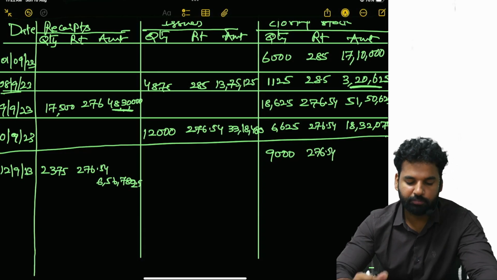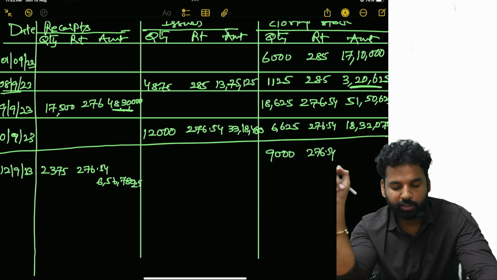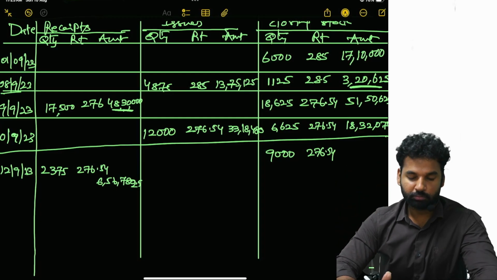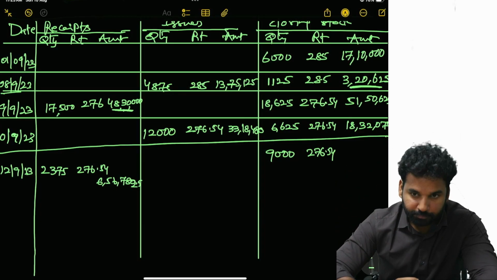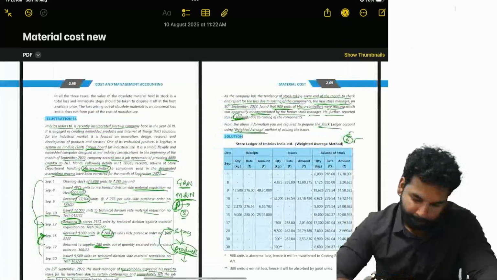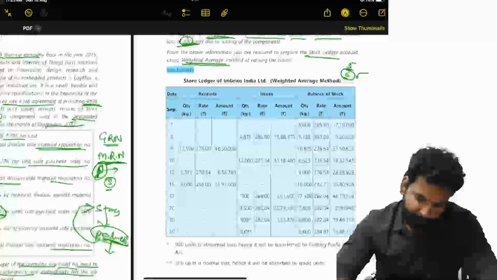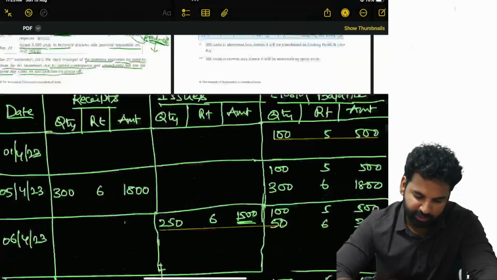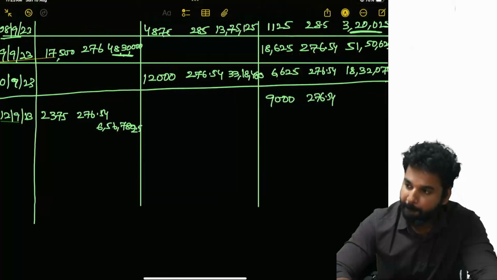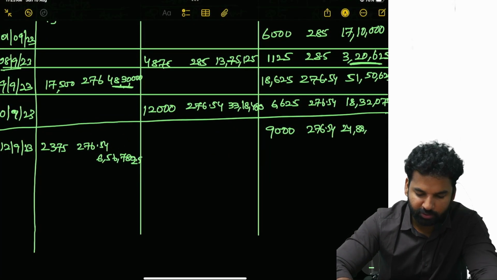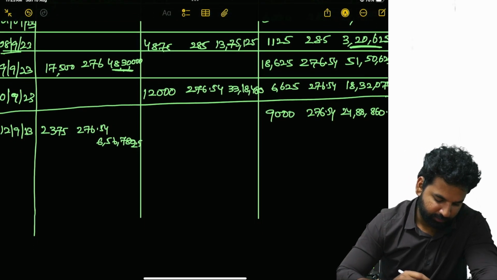What will be the total? 9,000 into 276.54 is 24 lakh 88,860. Okay. Right. Next.